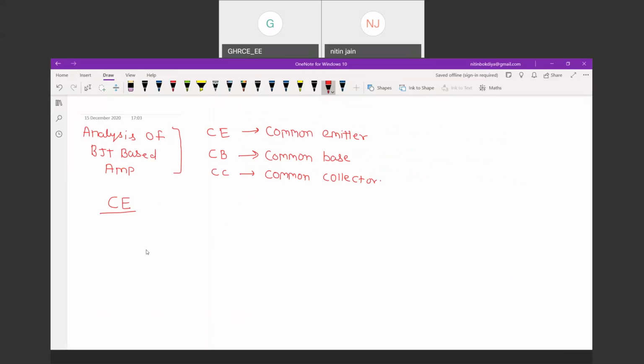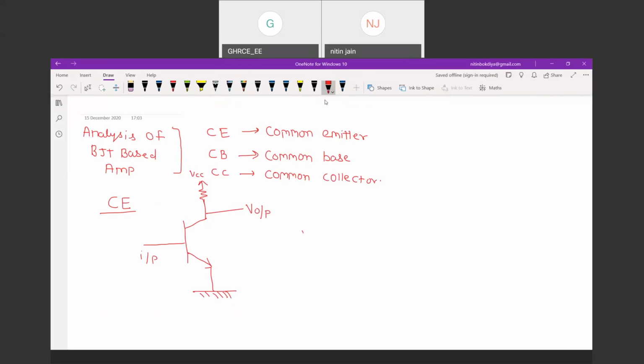So what I can say, in common emitter, you are having one emitter terminal which is connected to ground, and one collector terminal from which you will take output. Emitter is common between input and output.